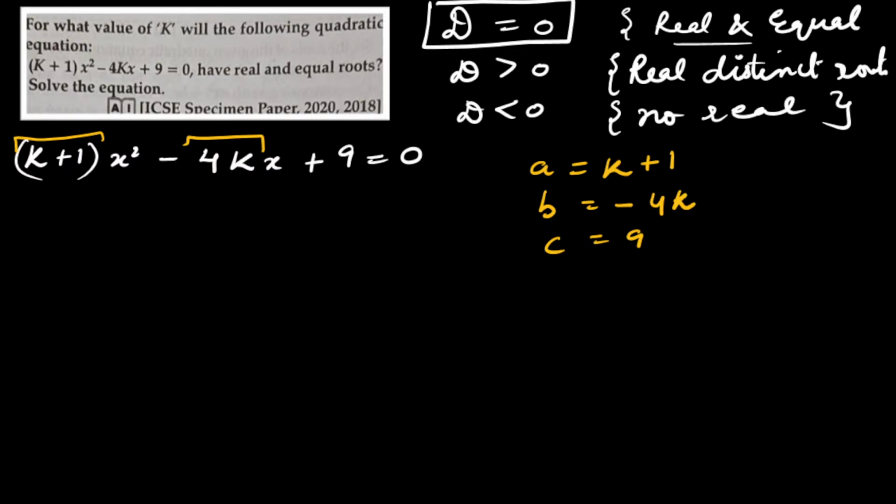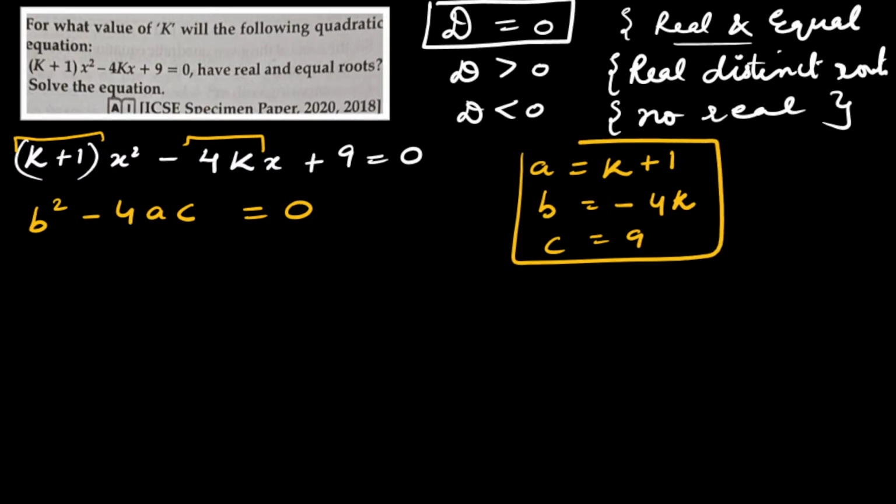Yes, Anika has given the answer b square minus 4ac. So discriminant is b square minus 4ac. Navya, Likita and Aditya have also given the answer, good. So b square minus 4ac is equal to 0 for equal roots. Now I have written the values of a, b and c: a is k plus 1, b is minus 4k, c is equal to 9.